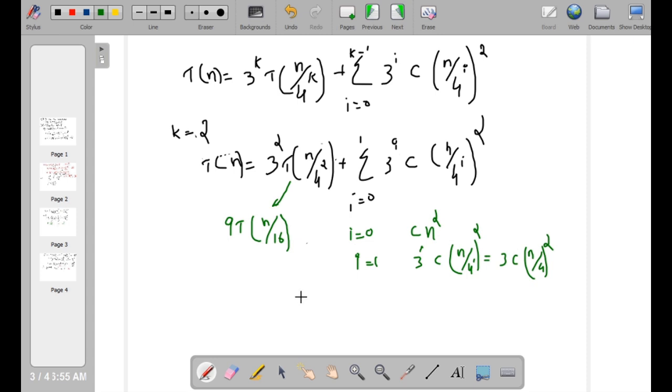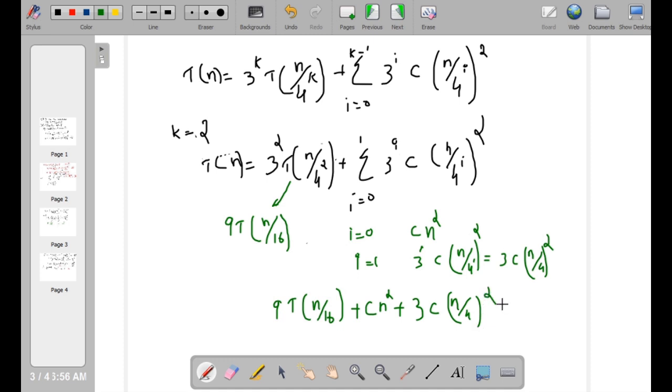So when k equal to 2, that is the second equation, 9t n by 16 plus, i equal to 0, you will be getting 3c n square. Then i equal to 1, you are getting 3c n by 4 the whole square.